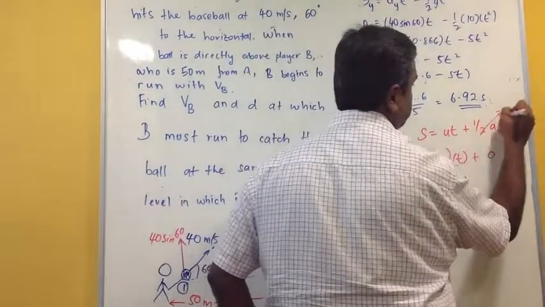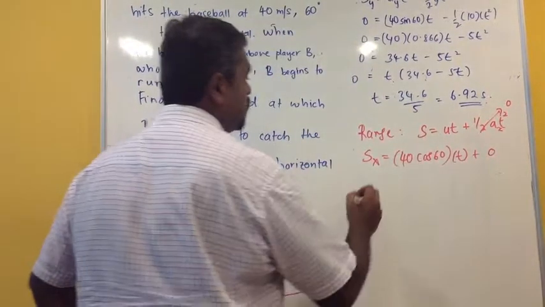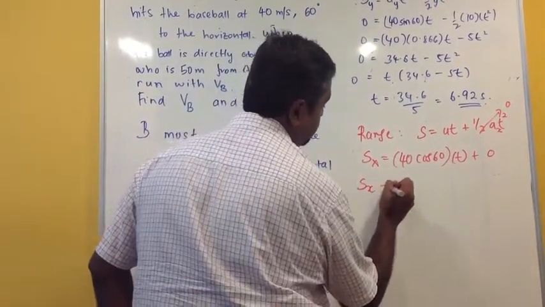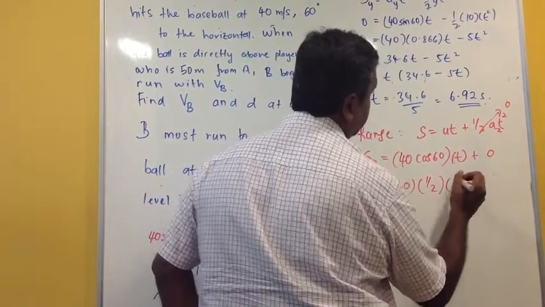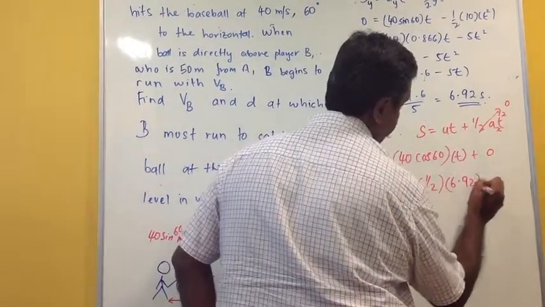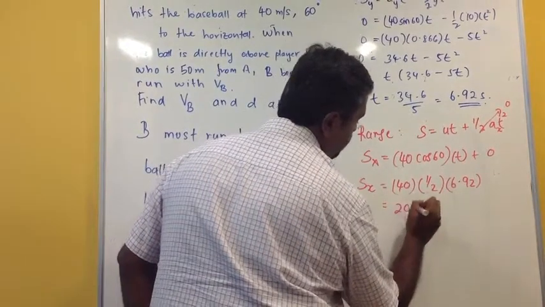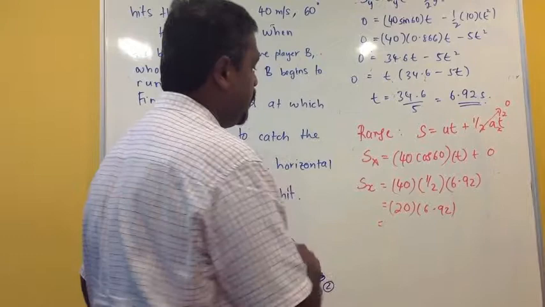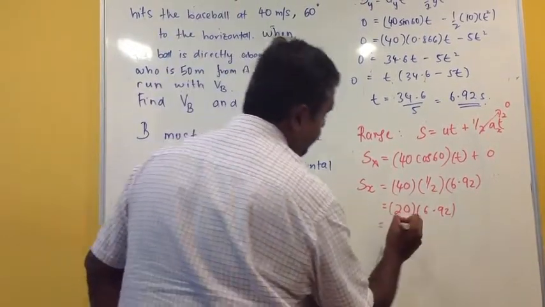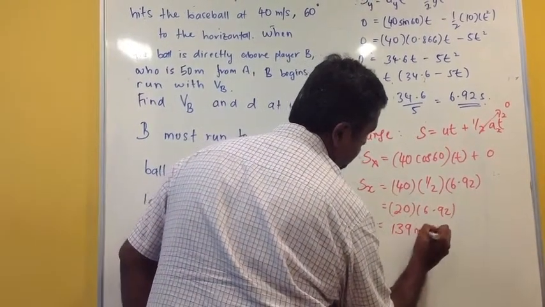So this term becomes 0. So Sx equals 40, cos 60 is half, and t is 6.92 seconds. This gives you 20 times 6.92, which is roughly 139 meters.